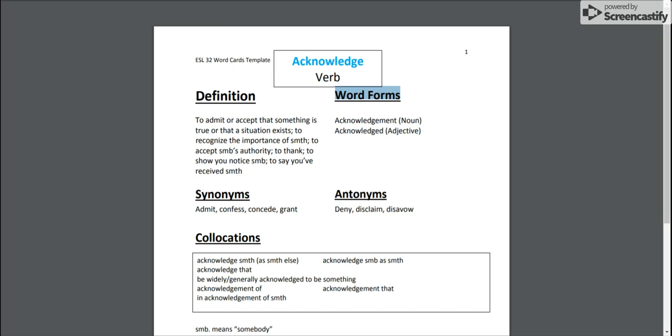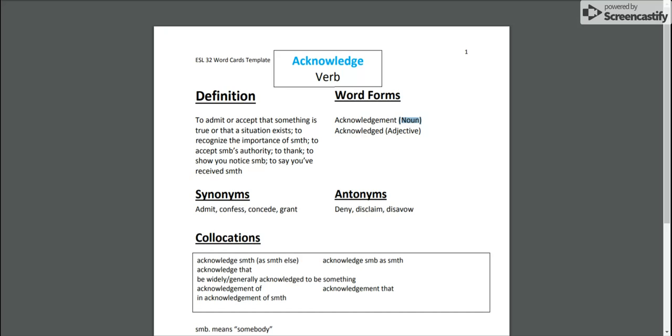Okay, for example, we have here the main verb that you were told to look up is acknowledge. Acknowledge is a verb, okay, but it can be changed into different forms. If we add ment to the end of it, we get the word acknowledgement, which is related to acknowledge in its meaning, but it is the noun form. So it's used differently in a sentence.